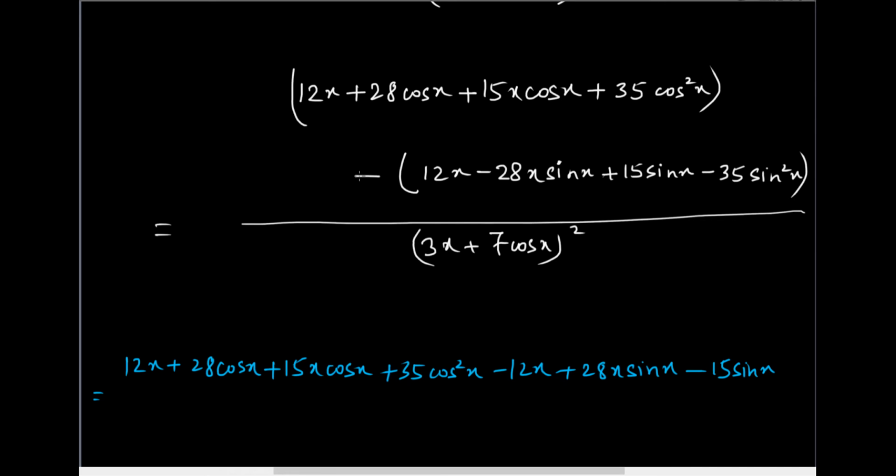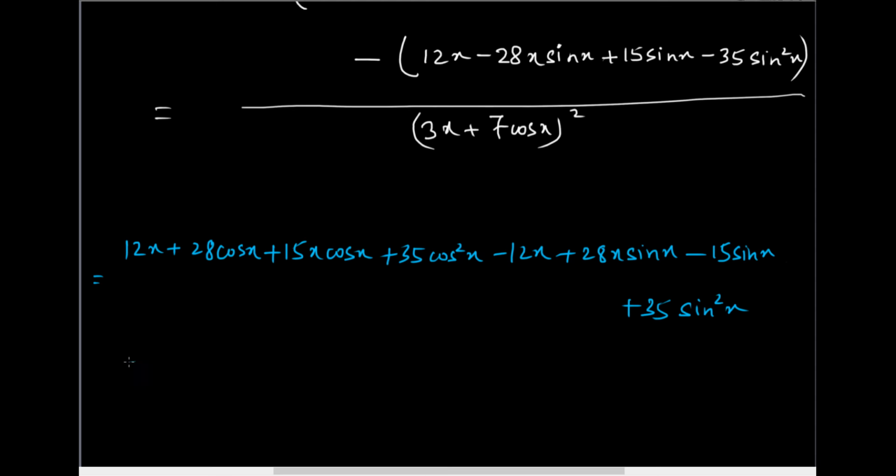The negative of the negative is positive. Finally, this is plus 35 sin square x. This is all in a single line. Just due to lack of space, I need to move to the second line. All of that over (3x plus 7 cos x) whole square.